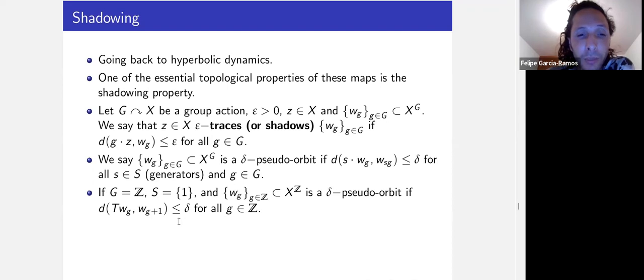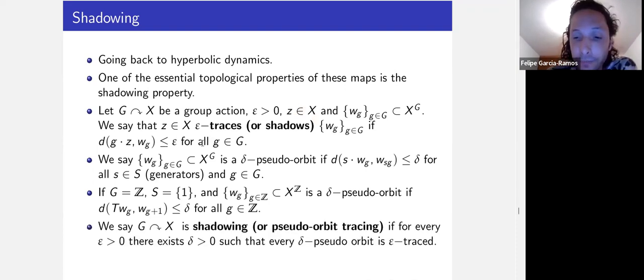A pseudo orbit just means we have a sequence of points, and what we want is that if we apply T to w_g, we get something that is very close to w_{g+1}. So we have some points such that each point, if you map by T, is similar to the next point. And epsilon traces means that there's an actual orbit that is close to this.